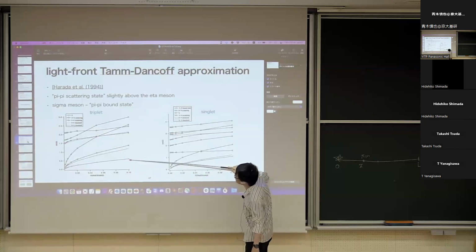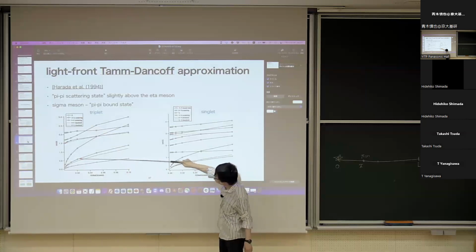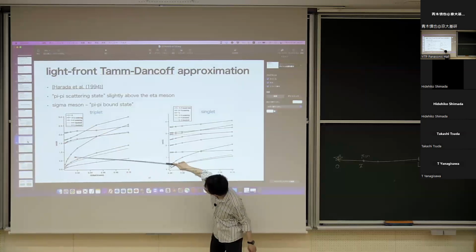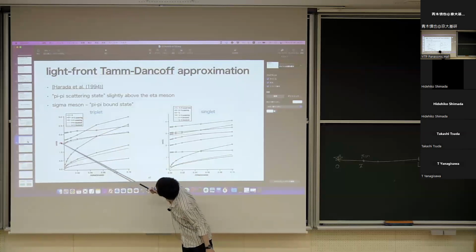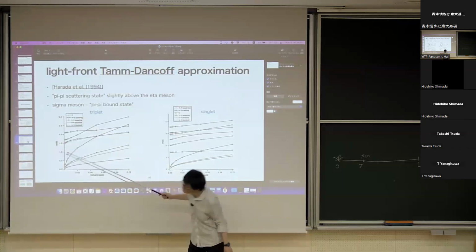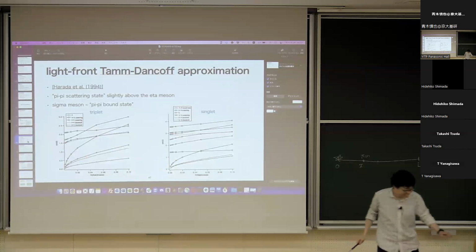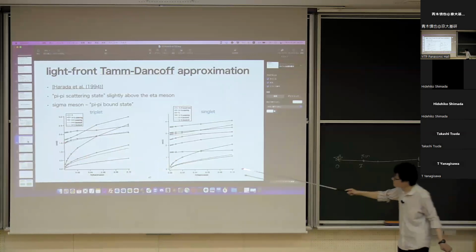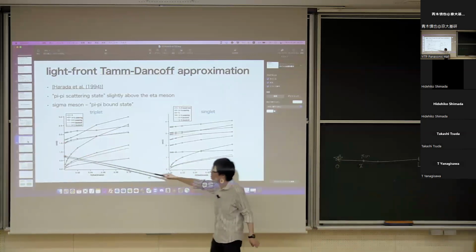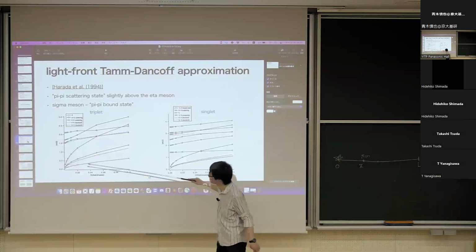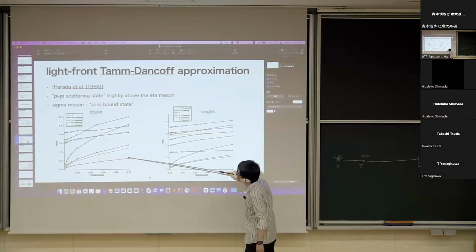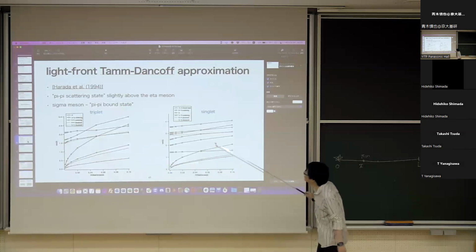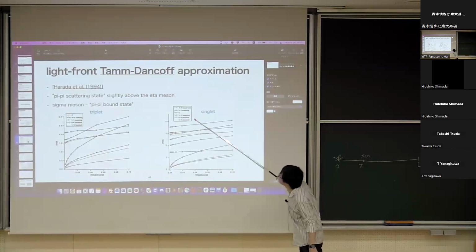So this represents the pion mass, and it's I think 0.6, normalized by mu, if I remember correctly. Considering that point, this value is almost the same as our result. They also find sigma.